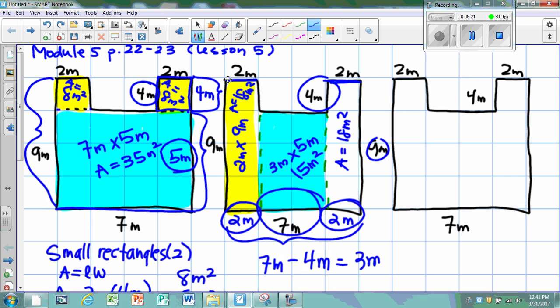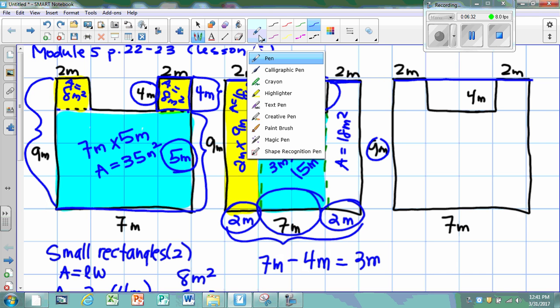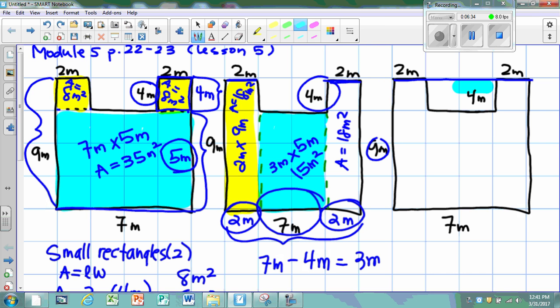For our last one, we could enclose the shape all together. This rectangle all together. And if we're looking at this rectangle all together, we've got a small space here, and we've got a much larger space that is all of this. When we're doing this, we would find out the value of the whole rectangle first.